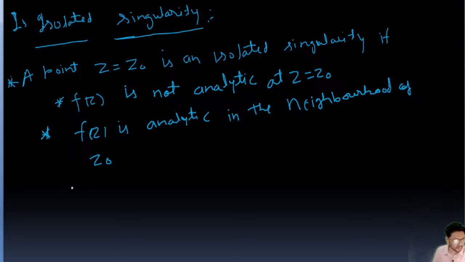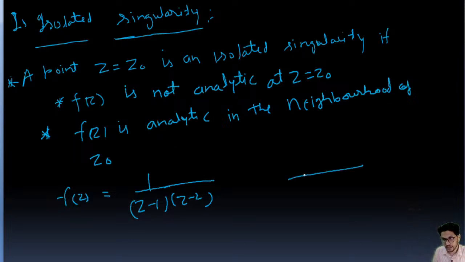For example, if f(z) is a function of z minus 1 and z minus 2, then at this point the function is not analytic, but in the neighborhood of this point and in the neighborhood of this point, the function is analytic.